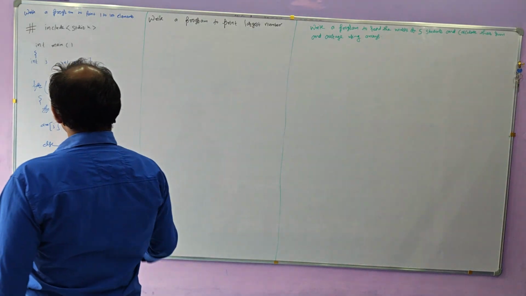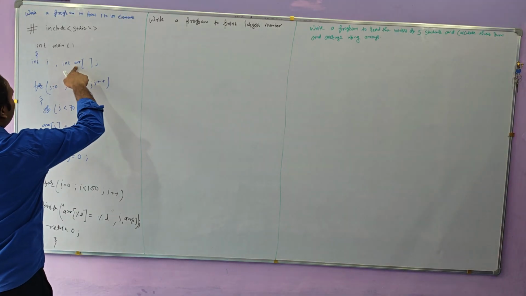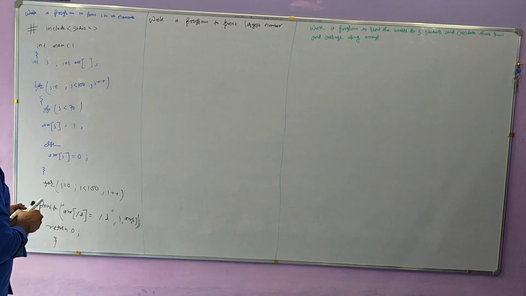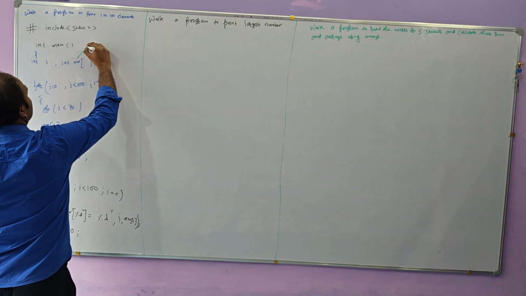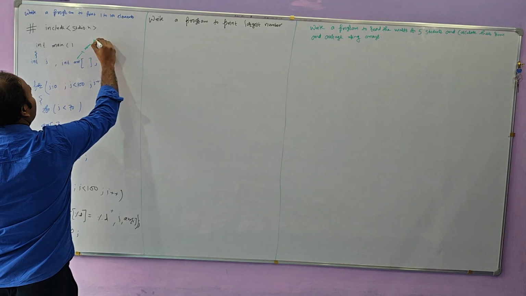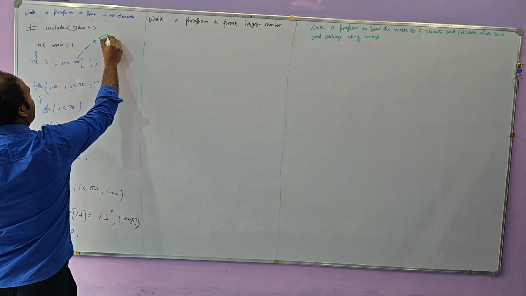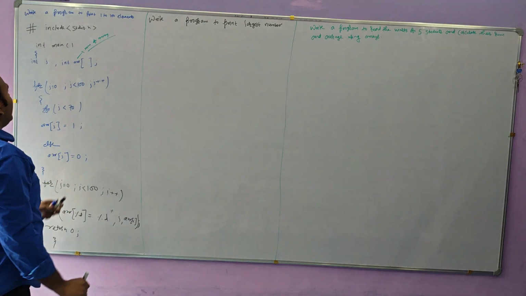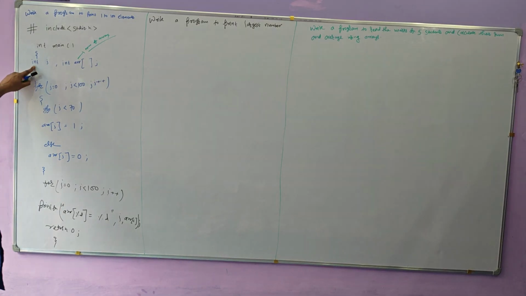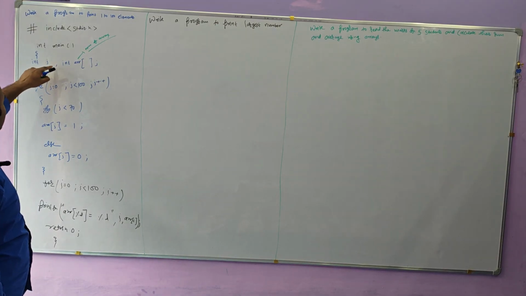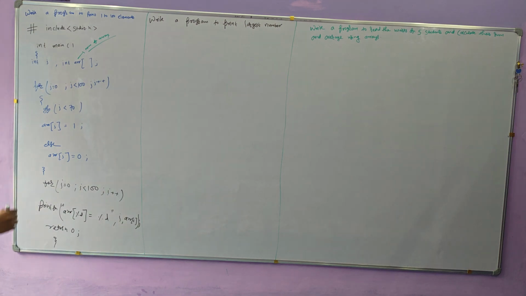This is the name of the array, and here we can take the size. In i, we just declare the variable we are using in the program.